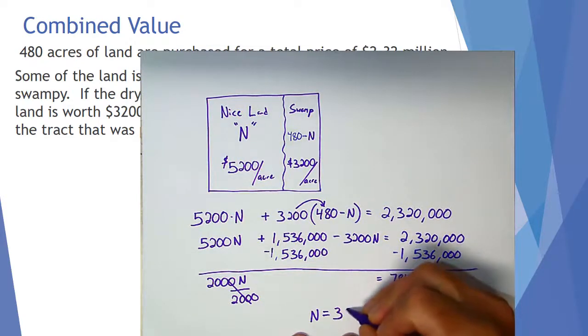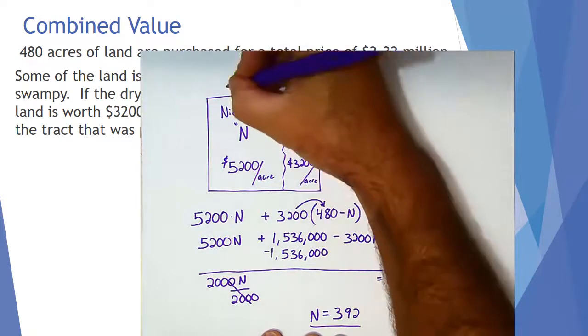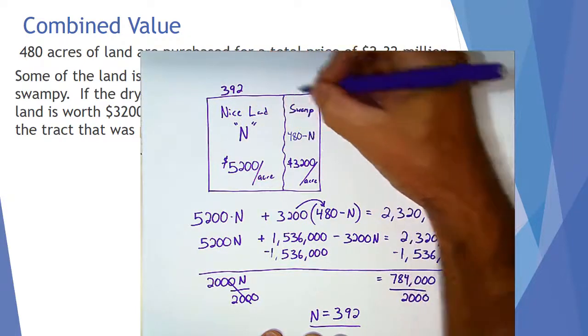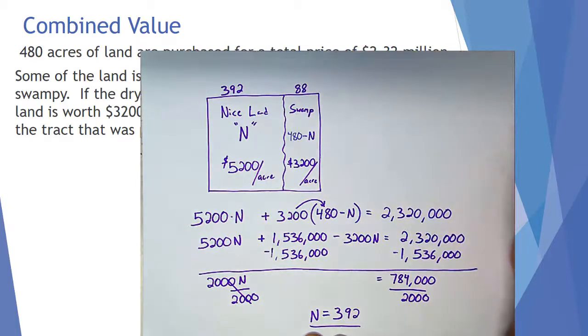N turns out to be 392. Good thing we got a positive number here. That's the only thing that really made sense. So we can basically answer the question. There must be 392 acres of nice land, and 480 minus 392 leaves 88 acres of swampland. That does add up to 480.